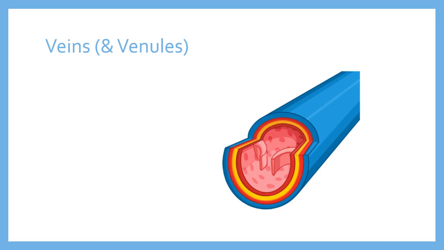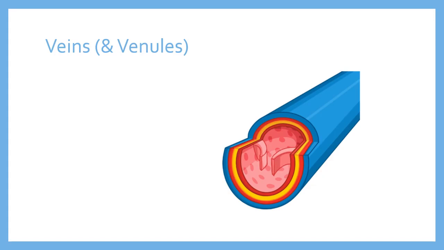So as blood flows through the capillary network, and let's say it's gone through the muscle, it's dropped off the oxygen that's required for muscular respiration, for muscular contraction and so on to produce the energy required. It's flowed through that capillary network. Those capillaries have started again to join back together to slightly larger capillaries, and then eventually they come out of the muscle tissue and start to join back together.